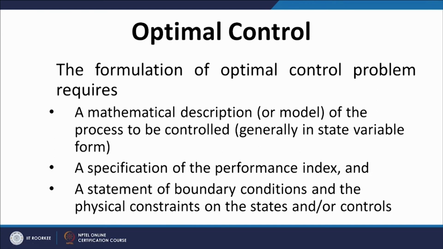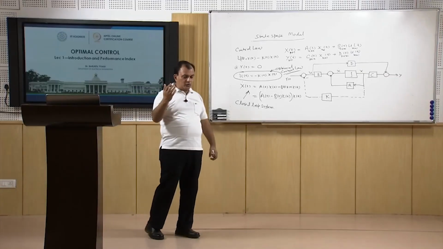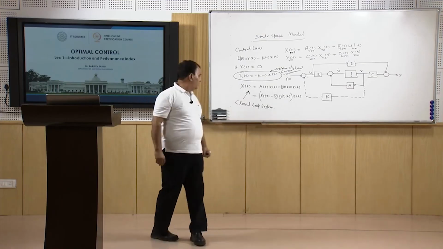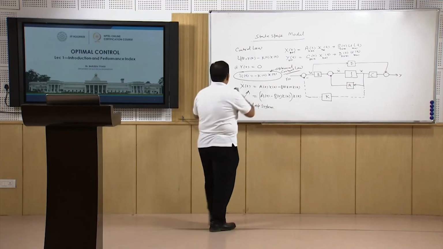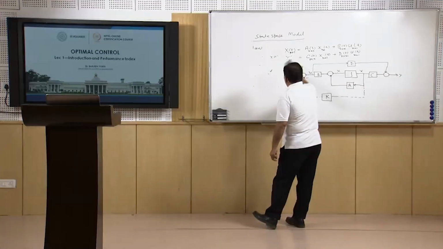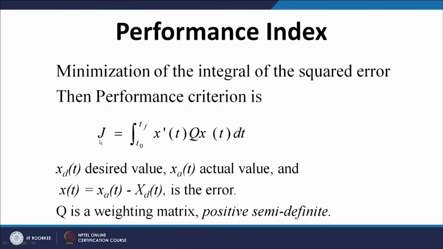Means what is our objective, to minimize or maximize a particular performance criteria. So, what is a performance index? We define a performance index as given here, J equal to integral from t0 to tf of x prime(t) Q x(t). So, this is the minimization of the integral of the squared error.